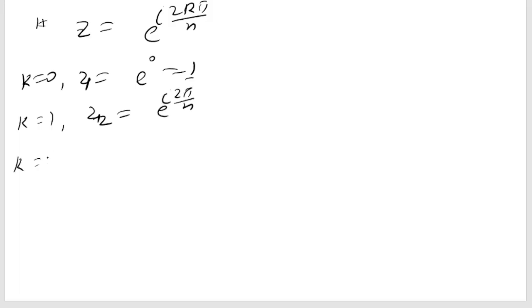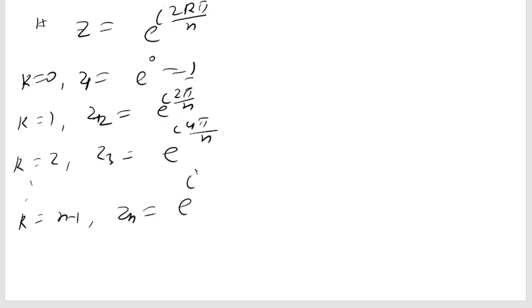Similarly, if I substitute k equal to 2, the third root will be e to the power i 4 pi by n, and so on. The last root, if I substitute n minus 1, the nth root will be e to the power i 2 pi (n minus 1) divided by n. This is the nth root.